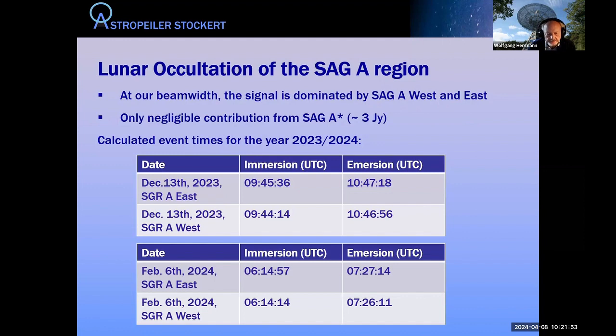We had events in December, on December 13th, for Sagittarius B and A East, just because they're very close to each other, very close in time. And then there was another one on February 16th on both, and we observed both.